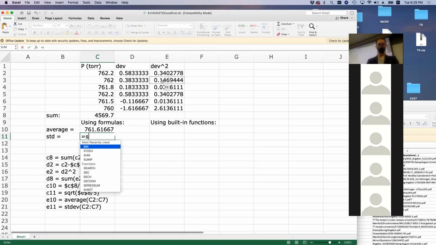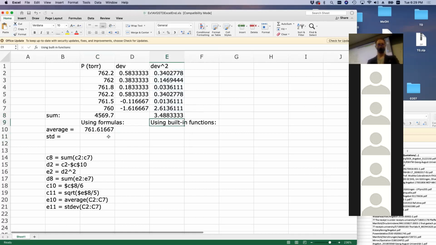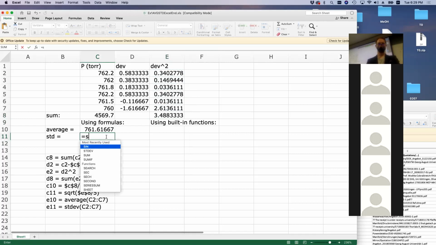So actually, before I do that, let me sum up all of these deviations here. So sum of all these numbers. Okay, and then here I want the square root of this number divided by the degrees of freedom, which in this case is 5.